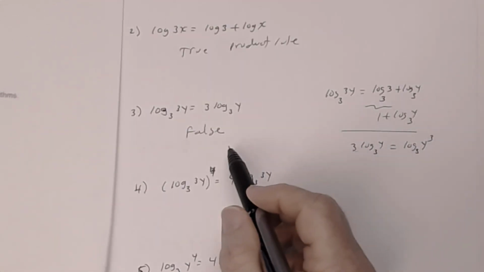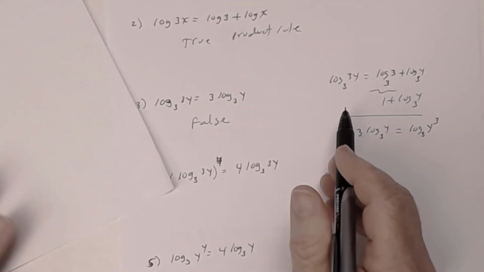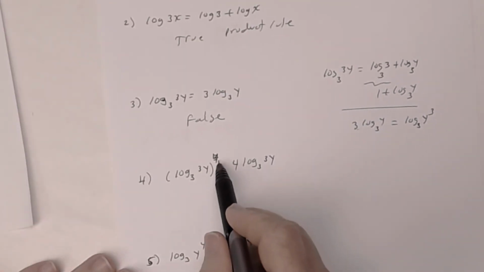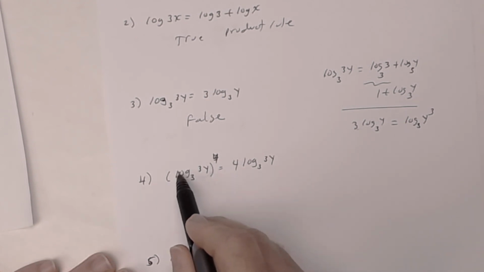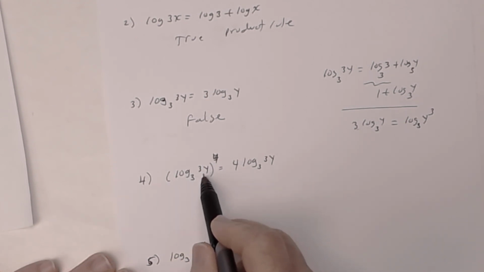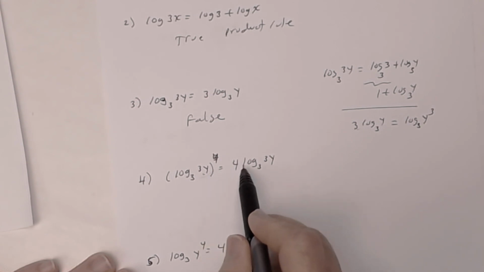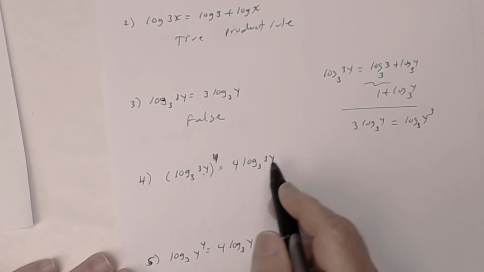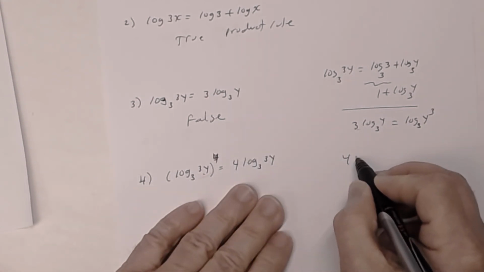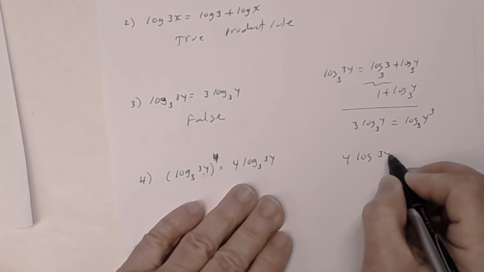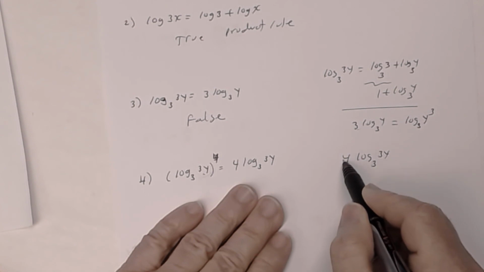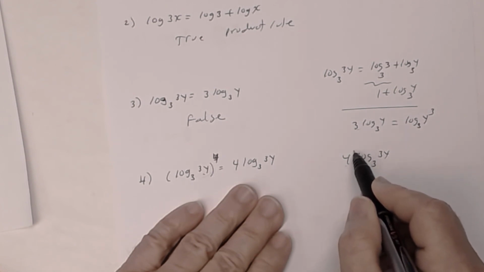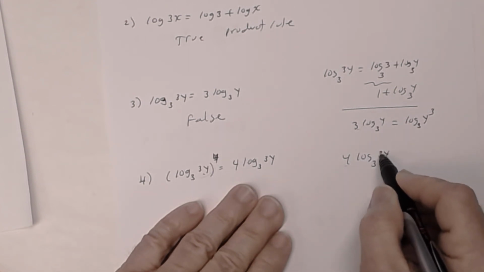So if you look at this right here, the exponent is in relation to this whole logarithm, not that base. So if we look at 4 log of 3y base 3, and I use the power rule, then 4 is the exponent of 3y.